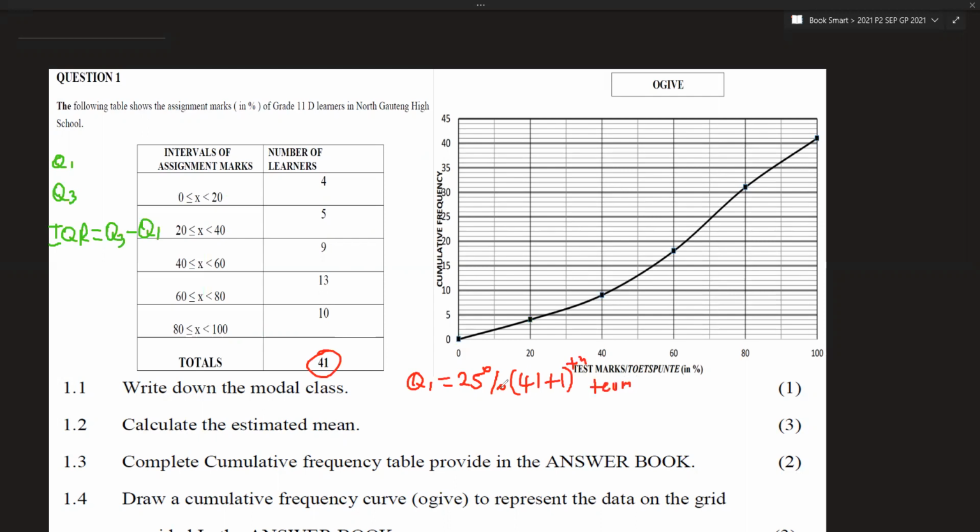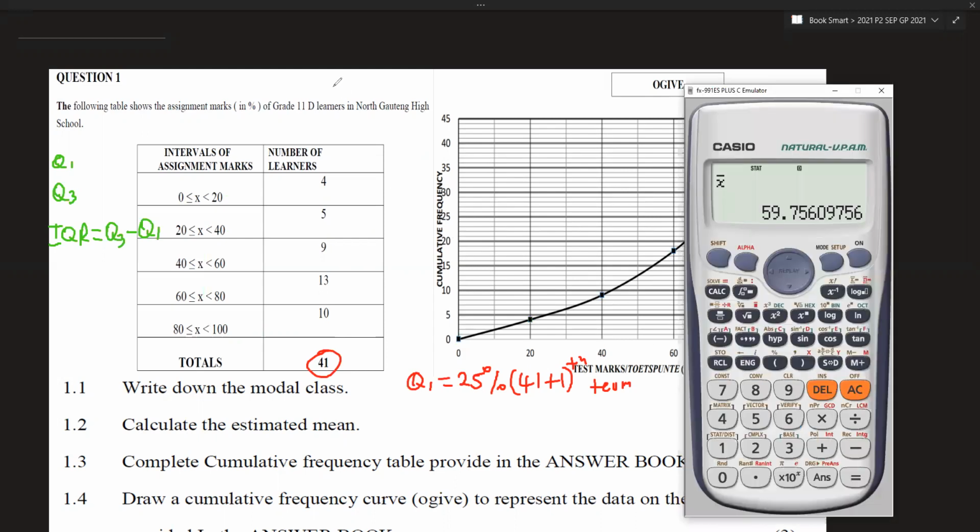I always say you put the total and then you add 1. Then let's get our calculator and see what it gives us. I need to reset it quickly. So I need 25 shift percent of 41 plus 1 close bracket. That gives me 10.5.